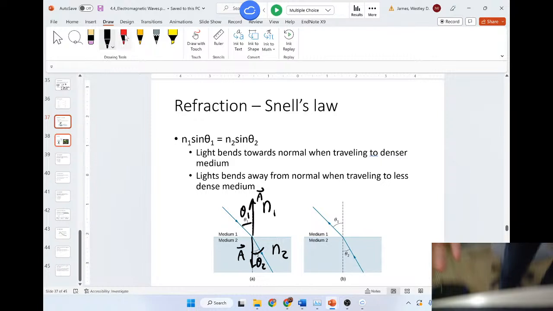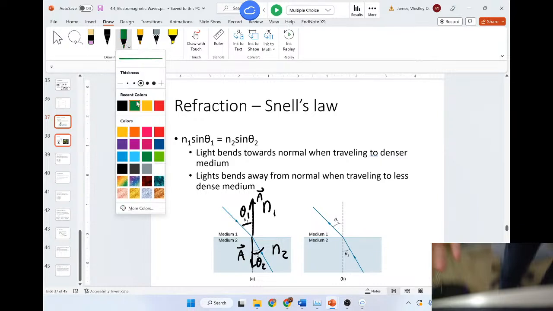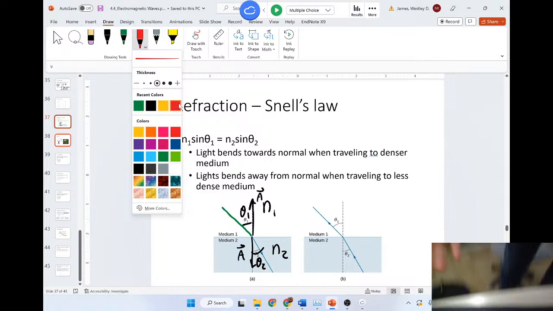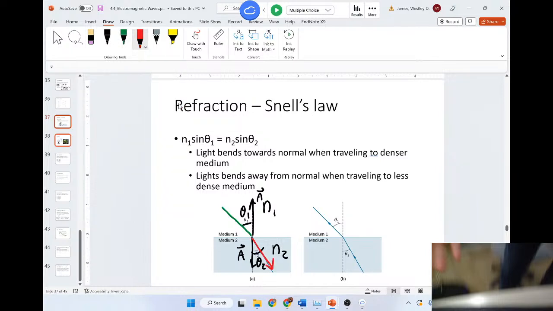Just like reflection, light comes in, hits that, and then comes out. And it bends. Mathematically, if you try this problem, there are some quick rules you can see: light bends towards the normal when traveling to a denser medium, and light bends away from the normal when traveling to less dense mediums.